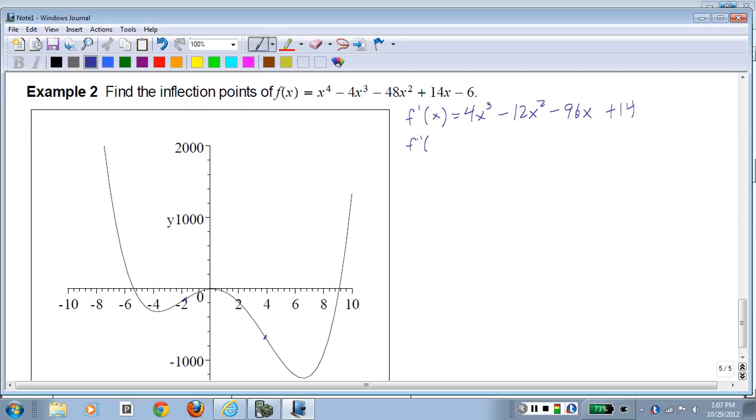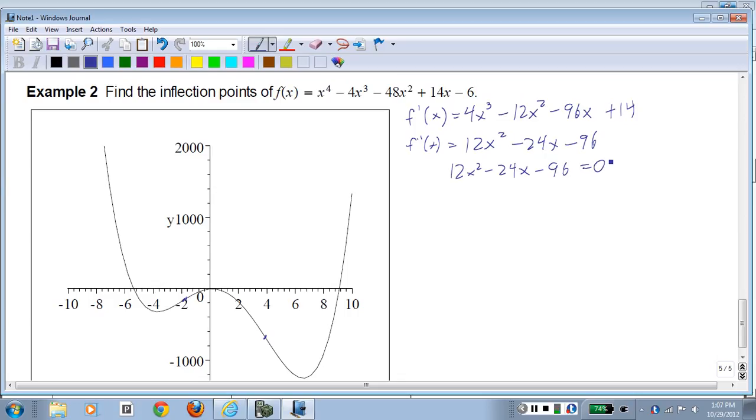F double prime of x equals 12x squared minus 24x minus 96. Hopefully this will give us some nice second order critical numbers. If we set that equal to 0, it's a polynomial, so it's not going to be undefined anywhere.